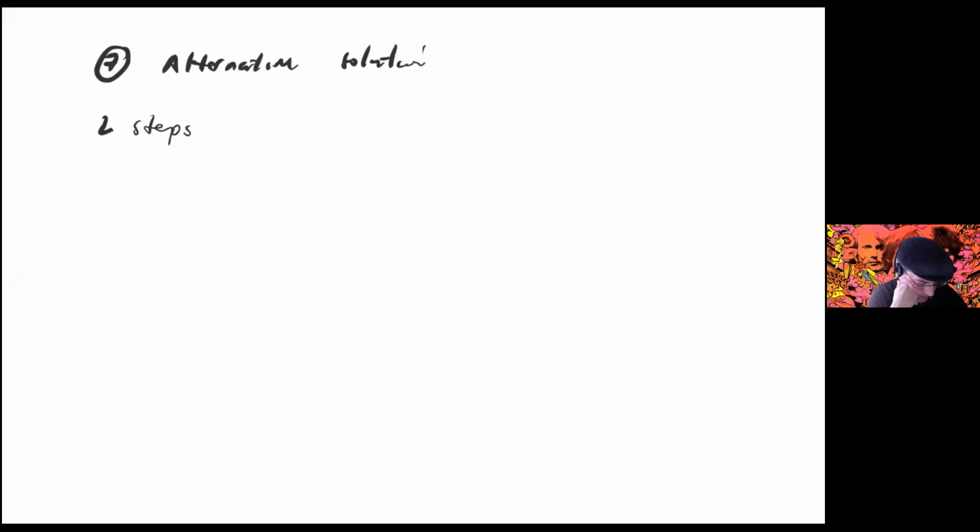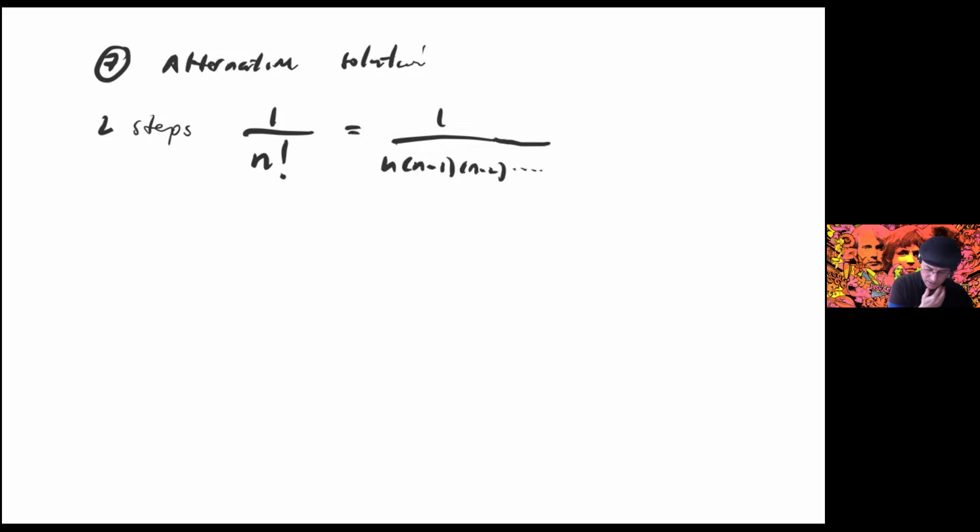I'm going to look at 1 over n factorial, and notice that that's 1 over n times n minus 1 times n minus 2, etc. So this is a product of linear polynomials in n.